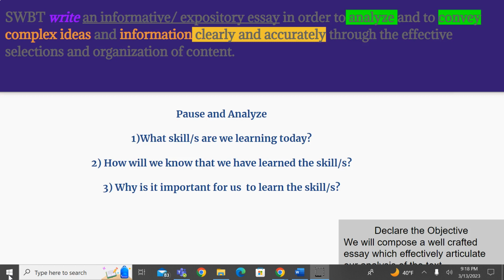So when we're writing, again, we are going to write in a particular manner, and when we're doing this, we're going to demonstrate that we are able to analyze and convey complex ideas and information clearly and accurately. That is something that we need to remember when we are writing an informative and an expository essay.